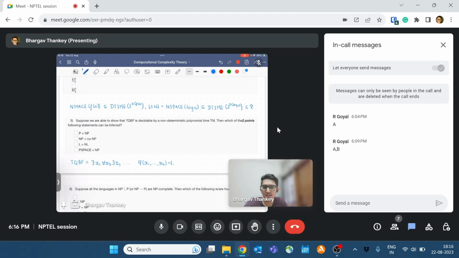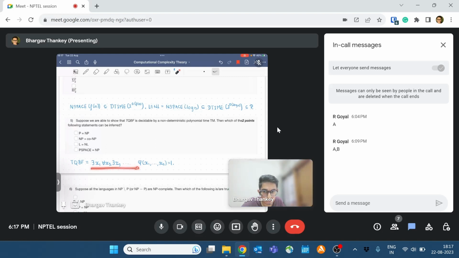But in sigma i, there would always be i many quantifiers over here, right? Always, regardless of what this formula phi is. Correct. But in TQBF, if this formula had, let's say, 2n variables, how many quantifiers would you have over here?